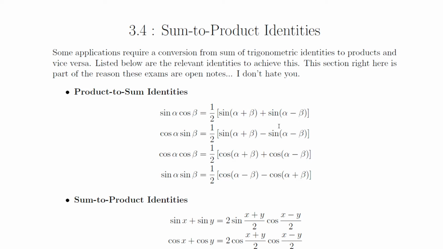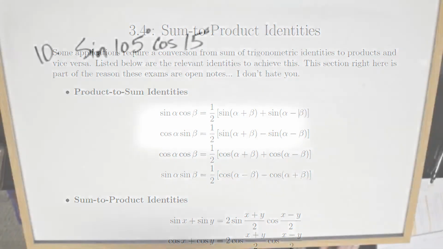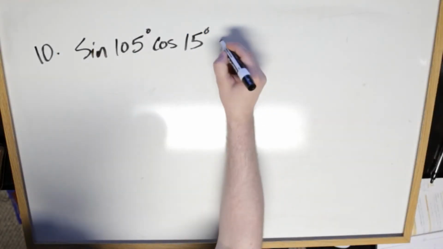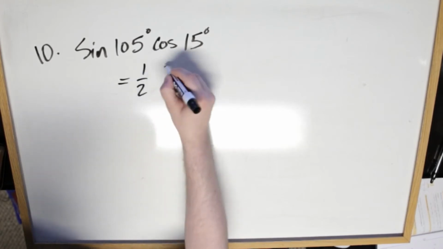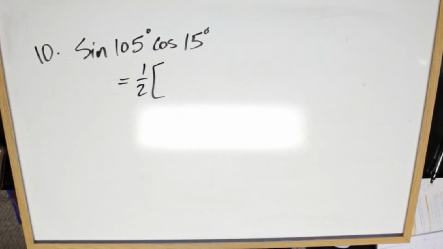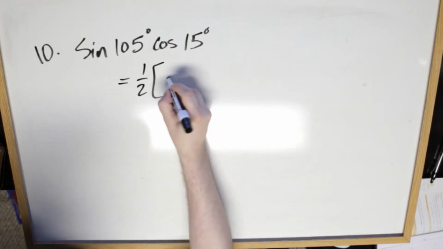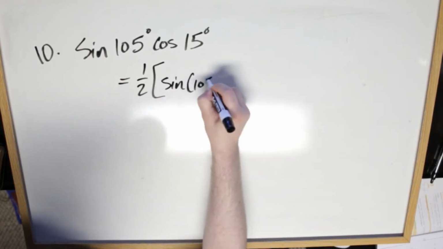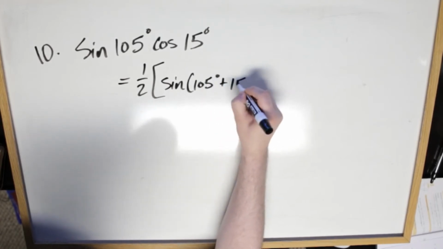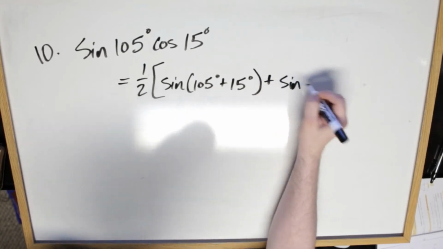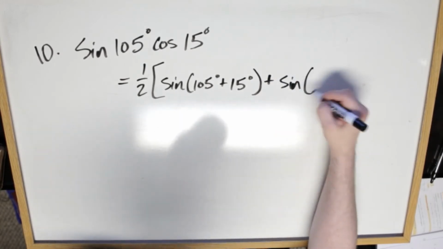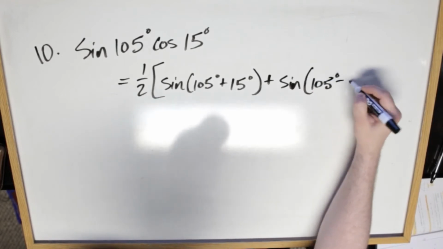So let's go ahead and toss this in here. Go back to my board. So this is the same thing as, and I'll save the space here, 1/2 times the sine of 105 degrees plus 15 degrees plus the sine of 105 minus 15 degrees.